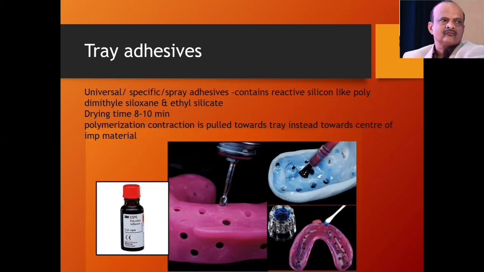Polymerization, this ensures the polymerization contraction is pulled towards the tray instead of towards the center of the impression material. Thus, it minimizes the polymerization shrinkage effect on the impression dimension, as also it limits the delamination from the impression.